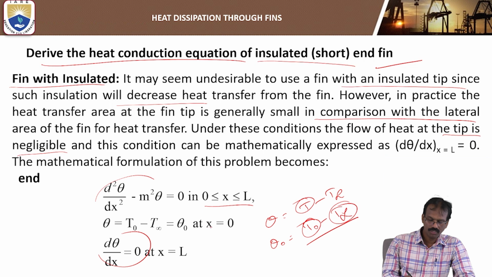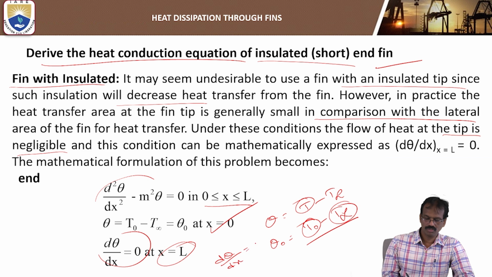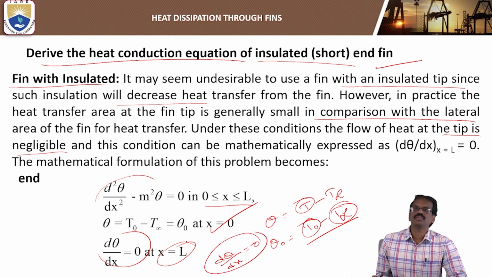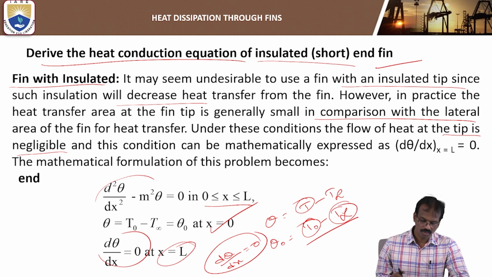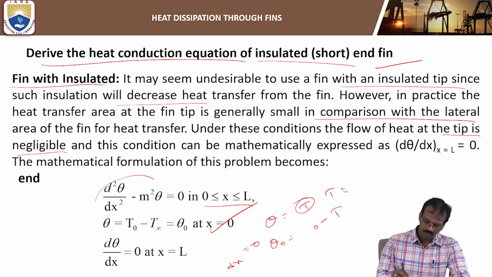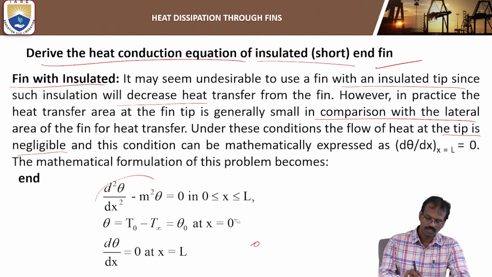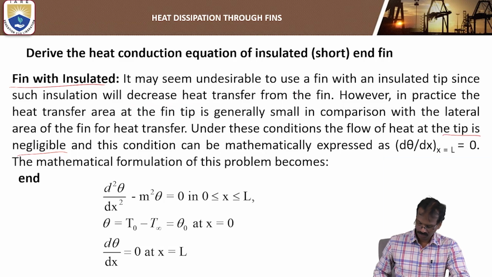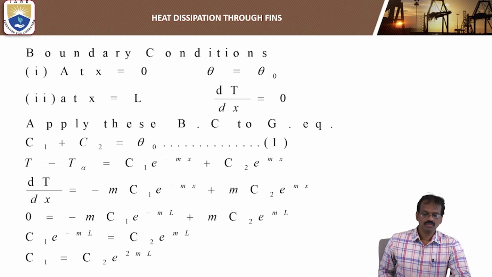So this is the first boundary condition. At x is equal to L, d theta by dx is equal to 0. So the change in temperature with respect to x direction is 0. We will derive this heat conduction equation for the insulated end fin. So here there are two types of boundary conditions.